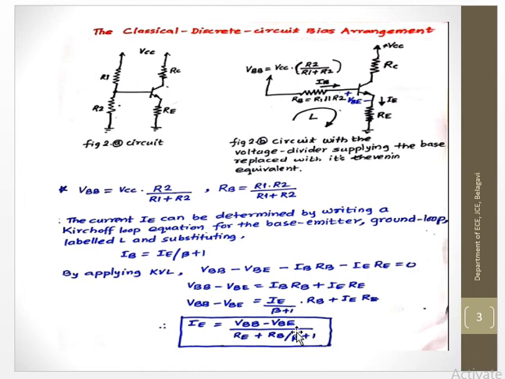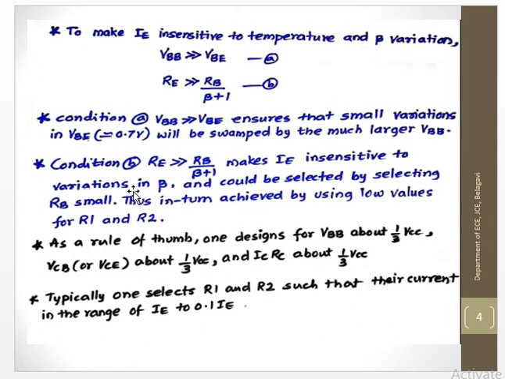So variations in beta will not affect much the collector current, emitter current, or output current flowing, IC and IE. That effect will be minimized. So variations in temperature and beta value can be minimized by satisfying these two conditions.